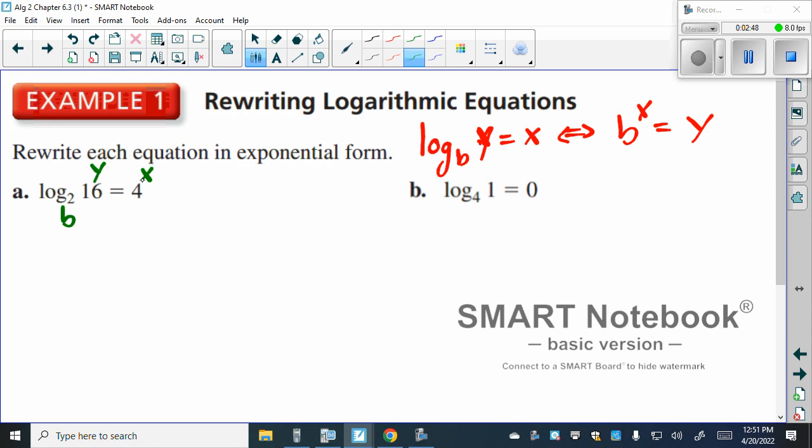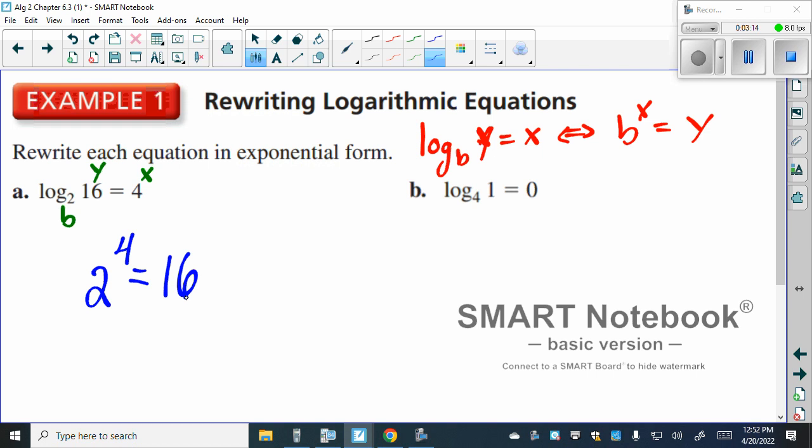In the general equation, log base b of y equals x, b is where 2 is, y is where 16 is, and x is where 4 is, because that's just matching it up to our general equation. And that's all we need to do to rewrite in exponential form.